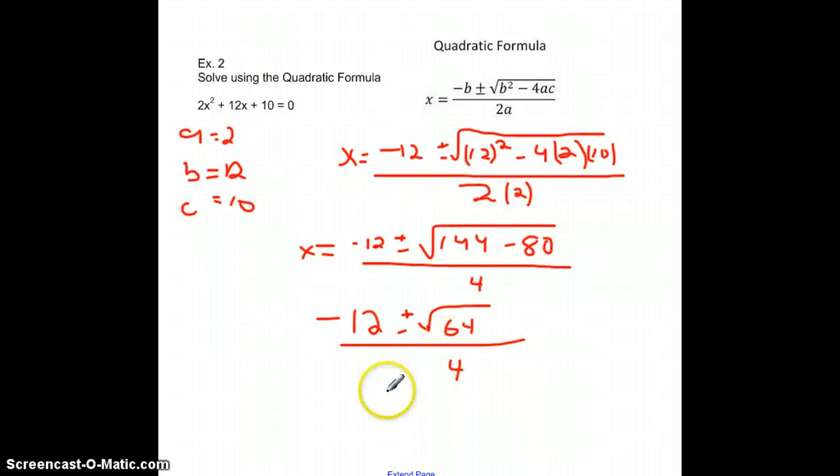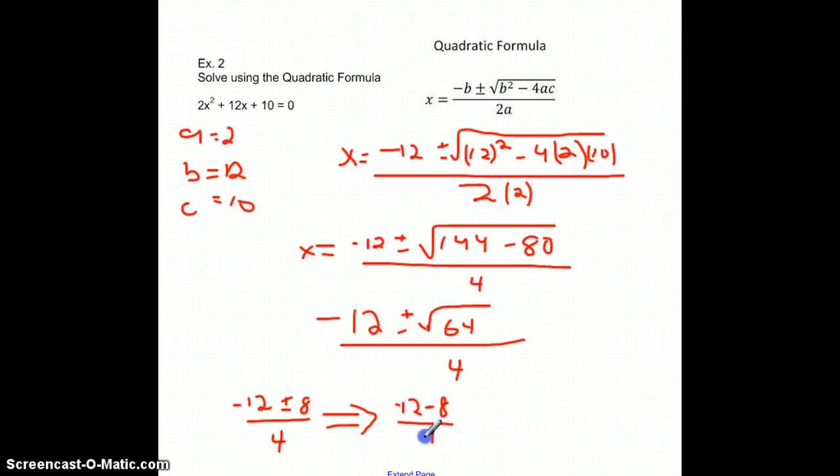Alright, the square root of 64, we know that is 8, so let's sign over here, negative 12 plus or minus 8 over 4. So we've got to work with both positive 8 and negative 8. So if we do negative 12 and negative 8, negative 12 minus 8 over 4.